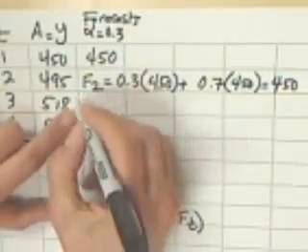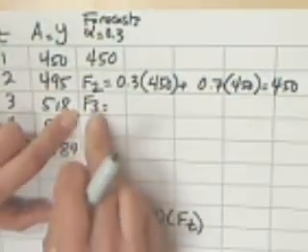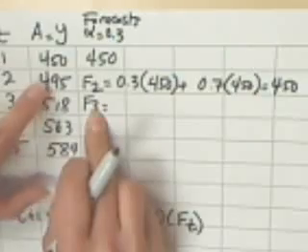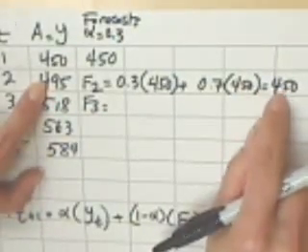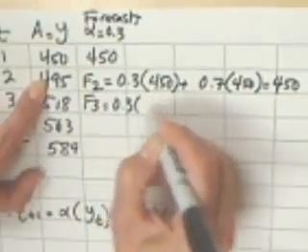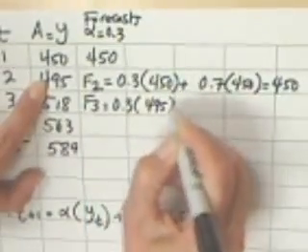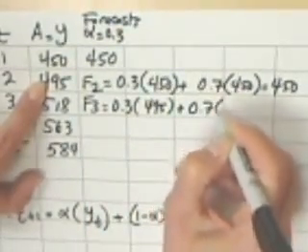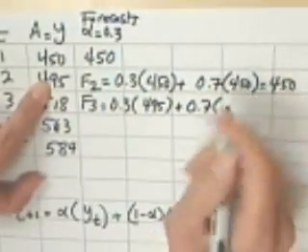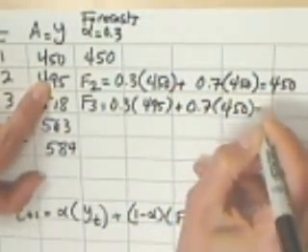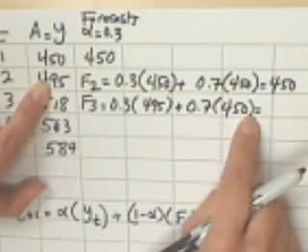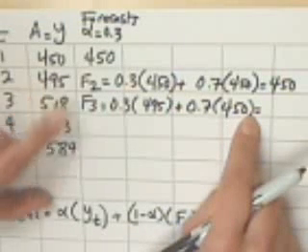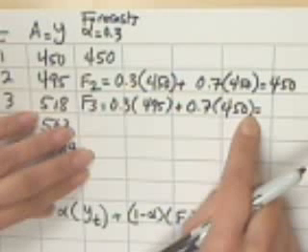So F3, forecast for time period 3, will use actual and forecast from the previous time period: 0.3 times 495 plus 0.7 times 450. And if you go through that math, you're going to get 463.5.